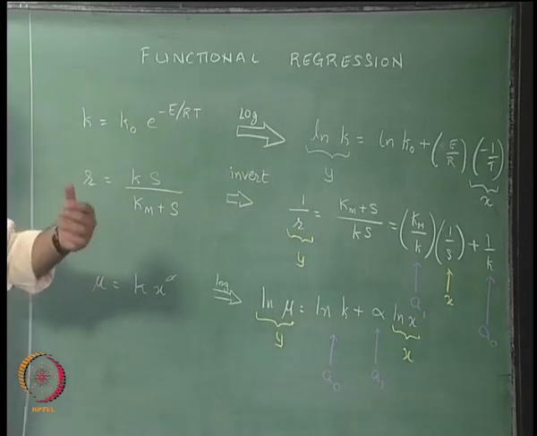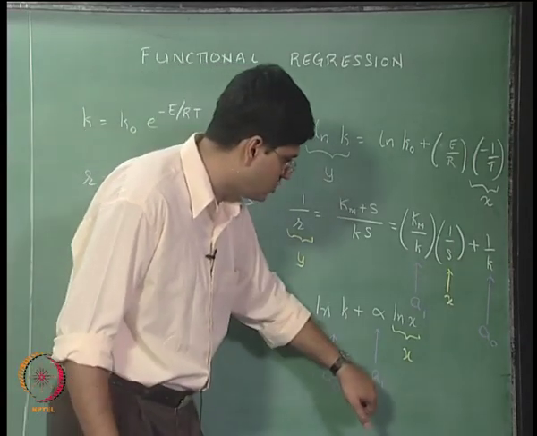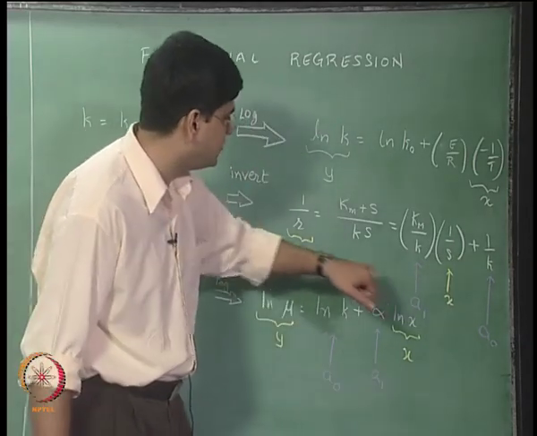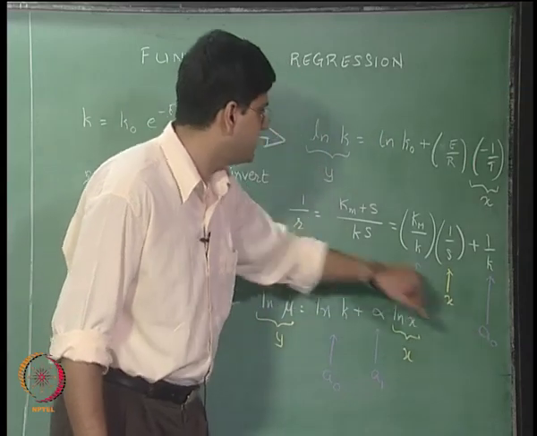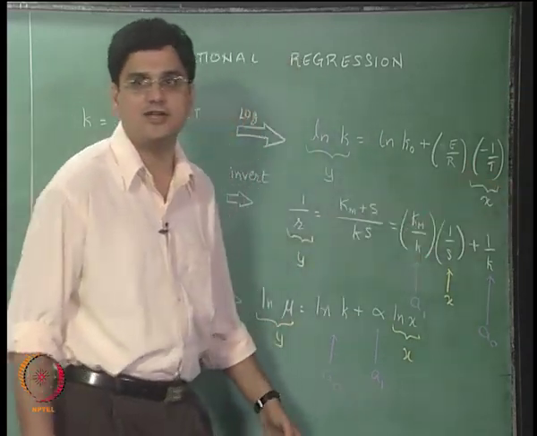For example, all these functional forms reduce to y equal to a0 plus a1x.